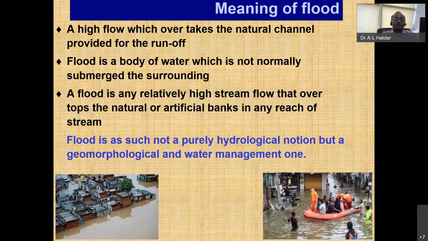It means the dry area is submerged with a great quantity of water, then flood takes place. Flood is any relatively high stream flow overtopping the natural or artificial banks. You know that flood is not a purely physical notion, but a geomorphological and water management one.